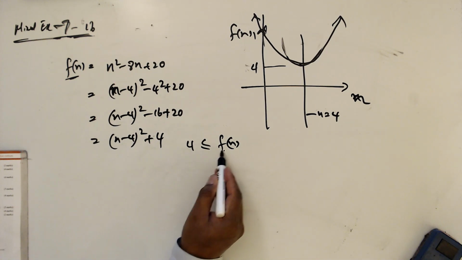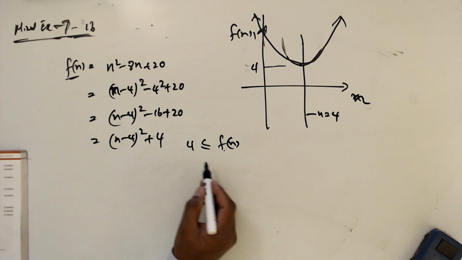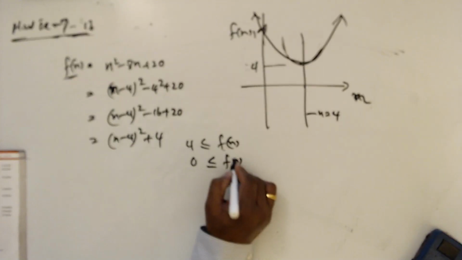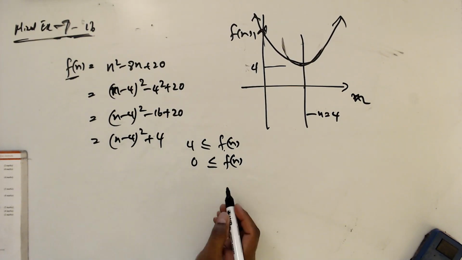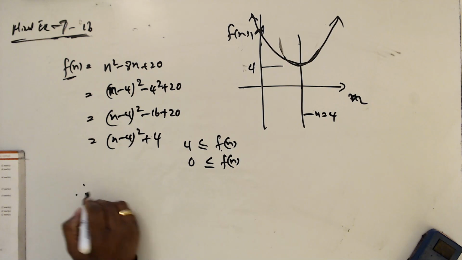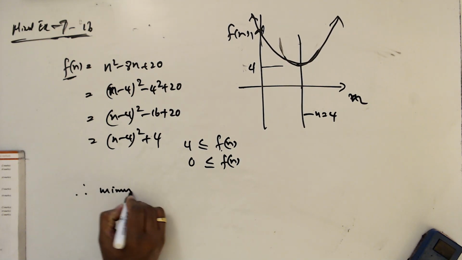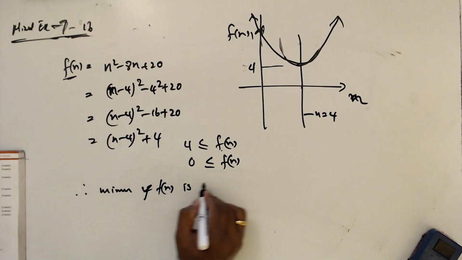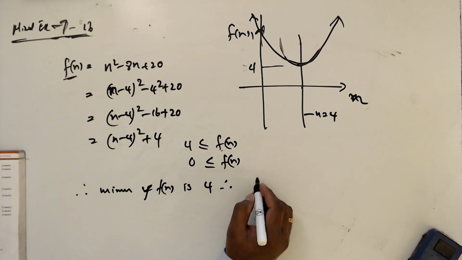It means Fn is positive, definitely greater than or equal to 0. You can write the minimum Fn value is 4.